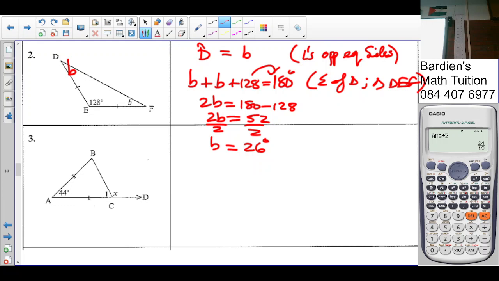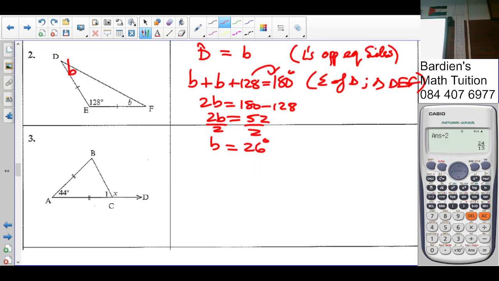You guys understand? Just going through it from the top again. To calculate b, I needed to set up an equation first, because you can't say b is 128, those angles weren't equal.